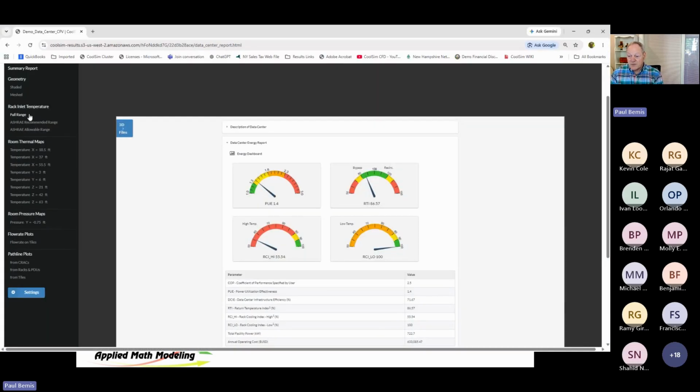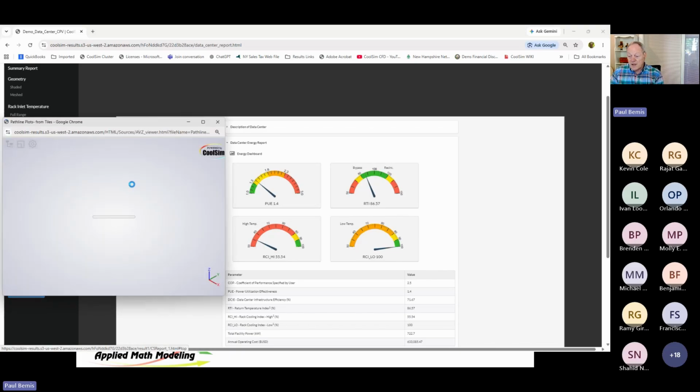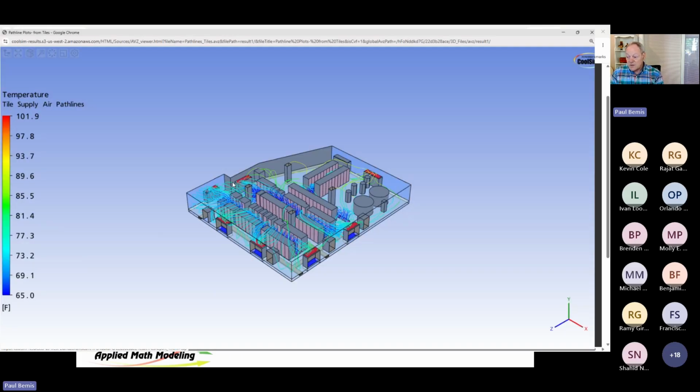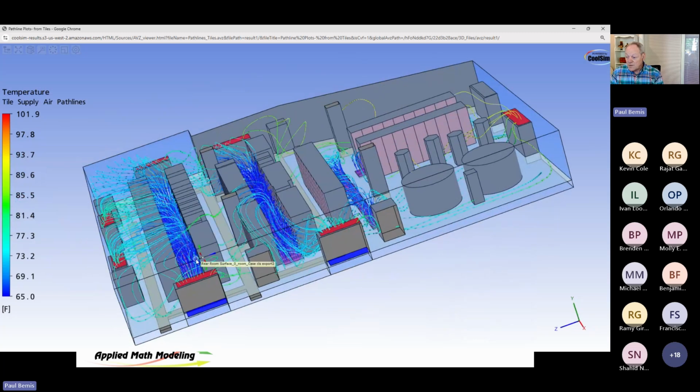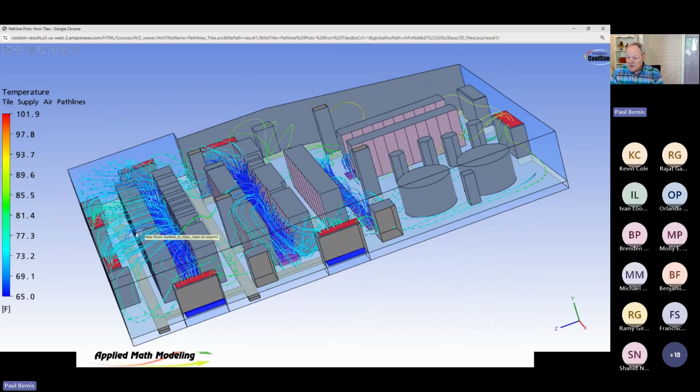The result is you have this problem where air is not coming out of those tiles. So if we look at path lines from tiles down here, these path line plots are really helpful. Look at path lines from tiles, you will see that I'm not getting air out of some of these. And if you're following along with me, you see I still have bypass airflow, even though I could really use some over here. It's all over here. It's in the wrong section of the room.